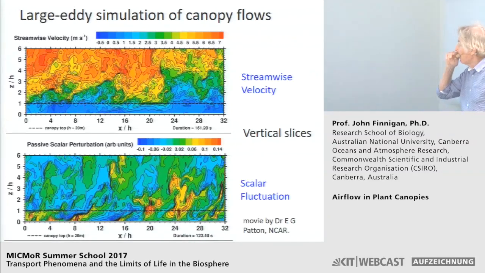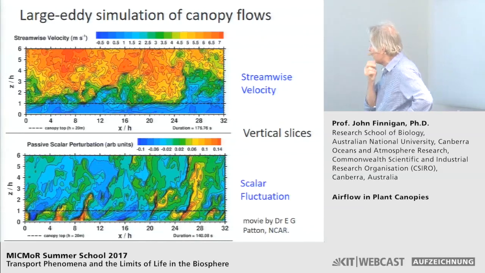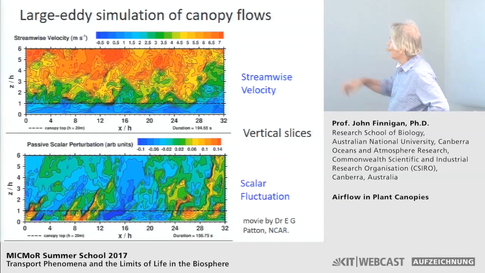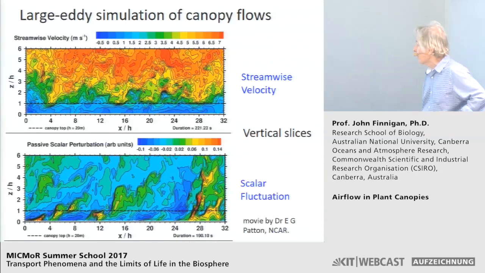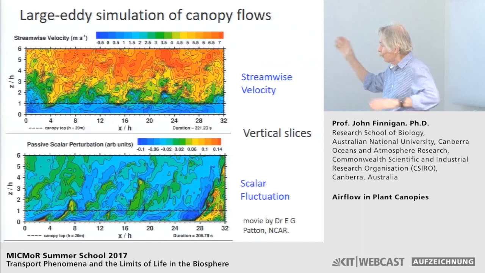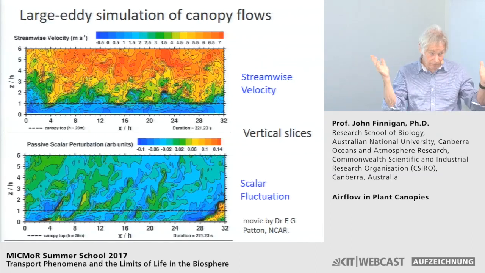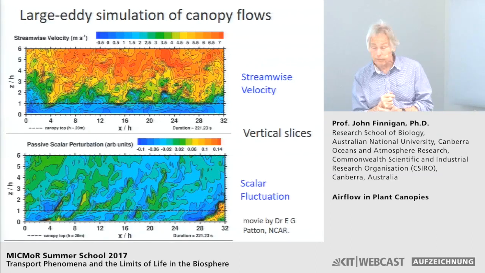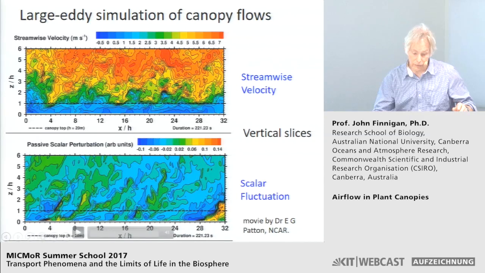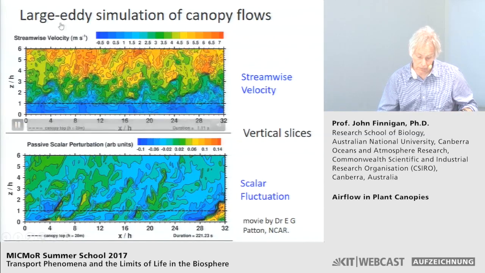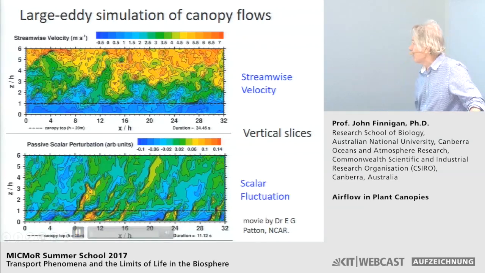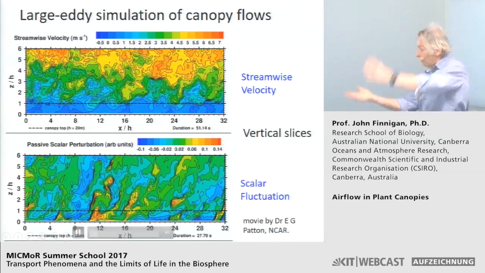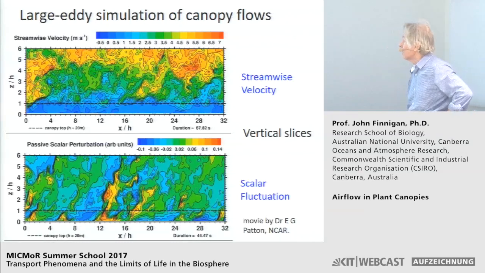But here we have two simulations, again by Ned Patton, of streamwise velocity at the top and scalar fluctuation at the bottom. And you can see on the bottom those scalar microfronts that were picked out on that Camp Borden picture, where the scalar is being compressed between sweeps, ejections in front, followed by a sweep behind.